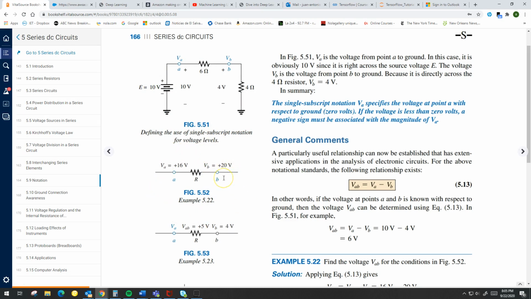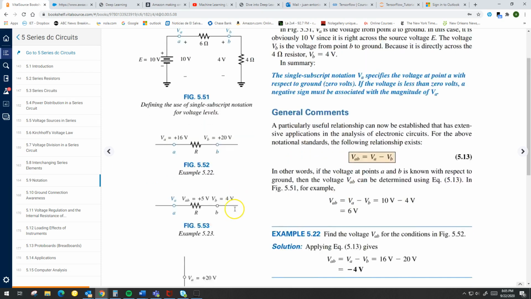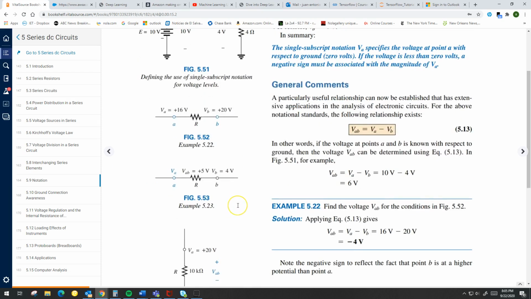They're exactly the same circuits, other than, if we know the voltage tied to it, right? In this case, we'll say this voltage VB is tied to a 20 volt source, and this voltage VA is tied to a 16 volt source on the positive side, both of them. Okay, and we're going to see that in more detail in the examples.